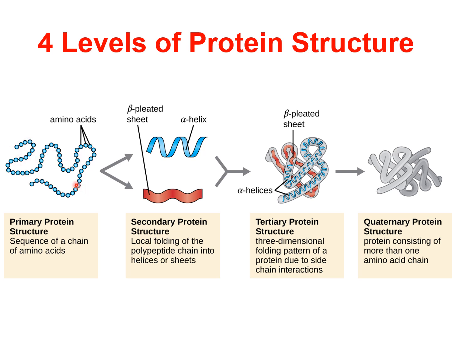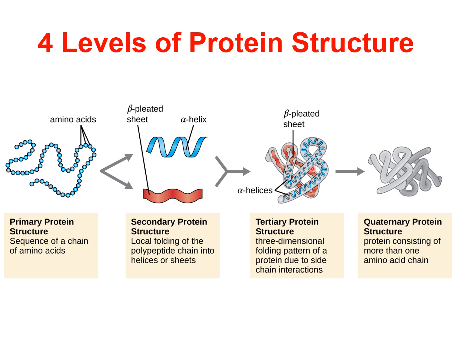Then we take that linear strand of amino acids and start folding it. We can form an alpha helix, which is kind of like a coil, or we can form beta pleated sheets, which are kind of like an accordion fold.